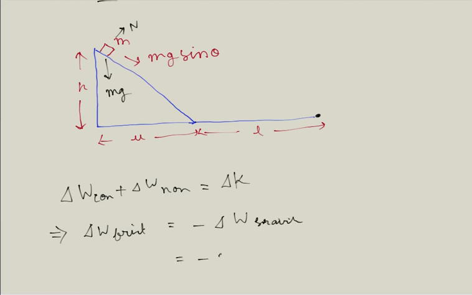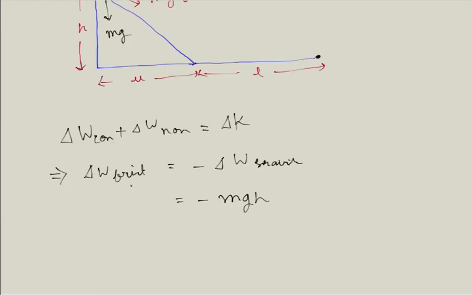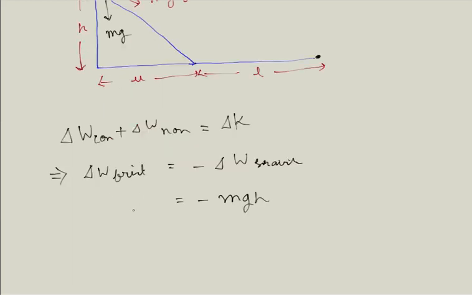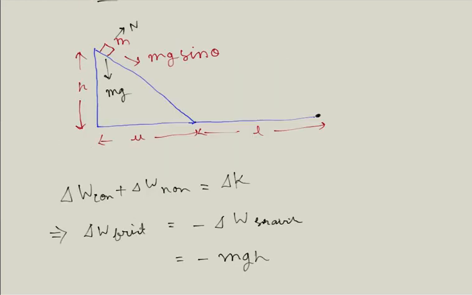So work done by gravitational force will be mgh, and clever IRODOV didn't give us this height h, so we will have to find some way to calculate h. So let us divide the work done by frictional force in two parts. For this part, till this point, let it be W1, and for this part, let it be W2.